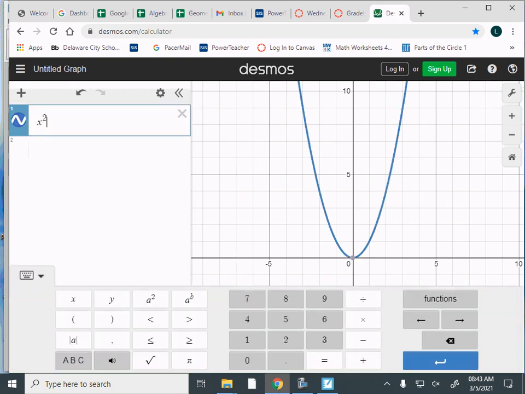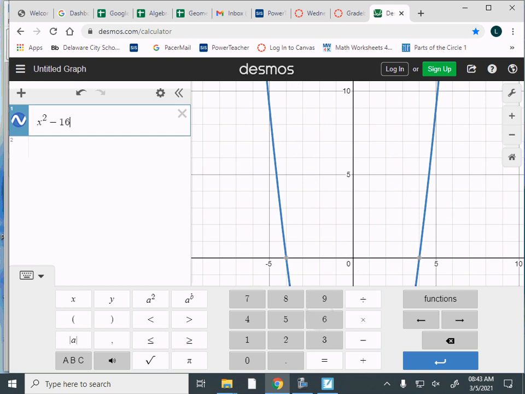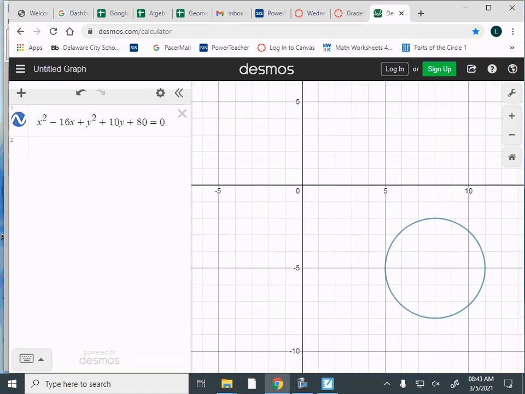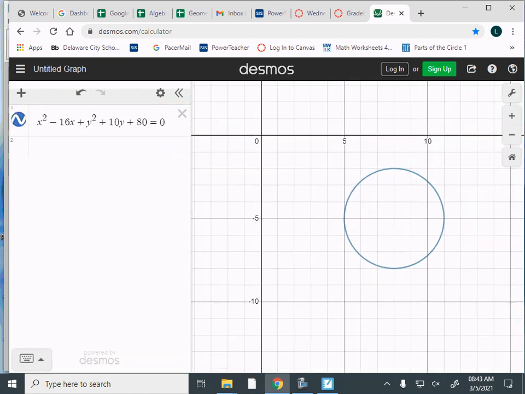So x squared minus 16x plus y squared plus 10y plus 80 equals 0. And you might have to shift your screen around a bit to find it. And then start counting.